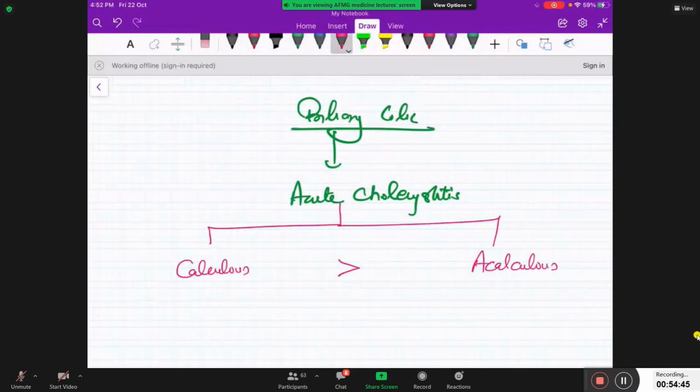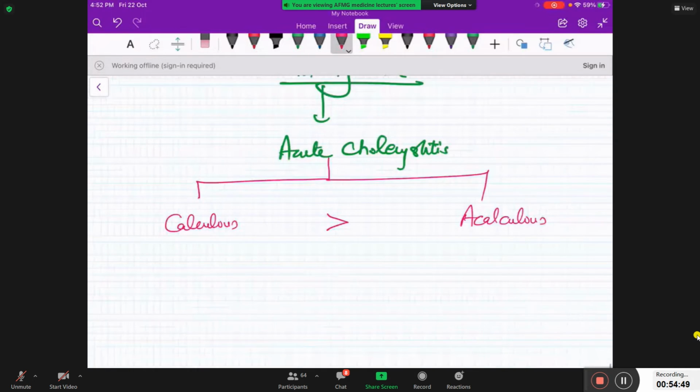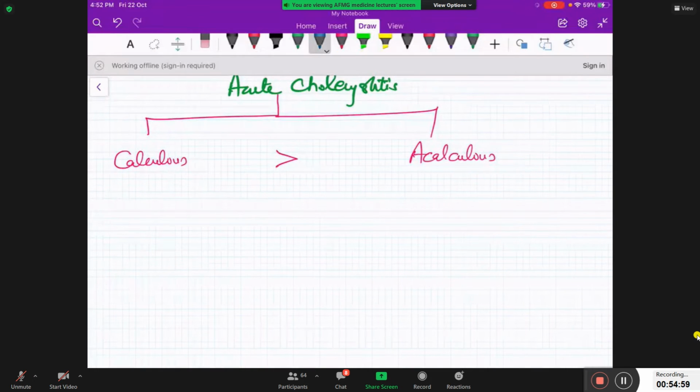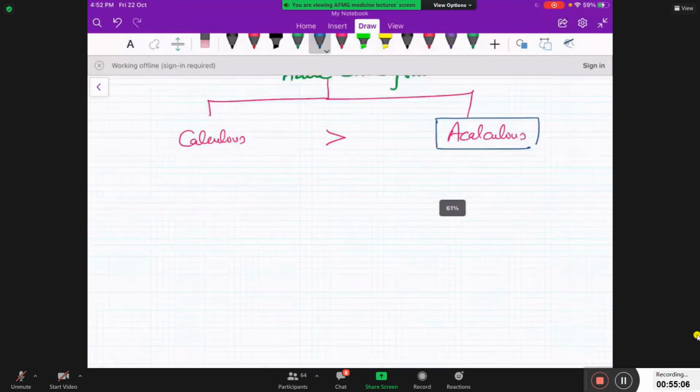More common is calculous cholecystitis. Right? Now, this is very important and this can be a clinical question to you in exam too. So please be careful. In acute acalculous cholecystitis. Okay, we'll come back to this acalculous cholecystitis later.